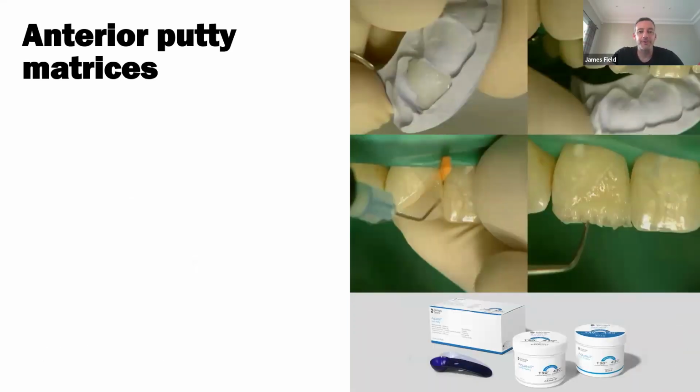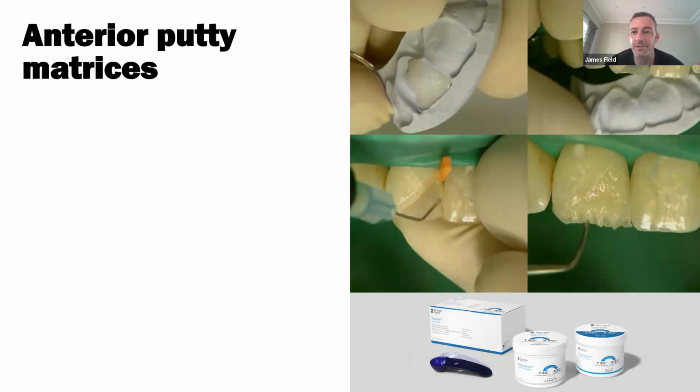A few other points about anterior matrices. Again, I am not the person to be talking to you about very high-end anterior aesthetics, but there are some common mistakes when we're teaching at postgraduate and undergraduate level which are worth mentioning. When people are applying the matrix to the teeth and then applying the composite, it becomes difficult if the matrix is already in place.